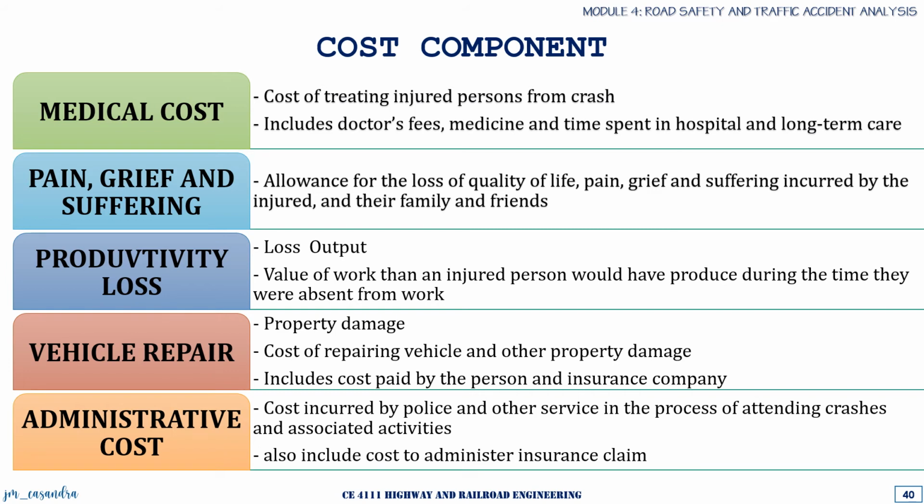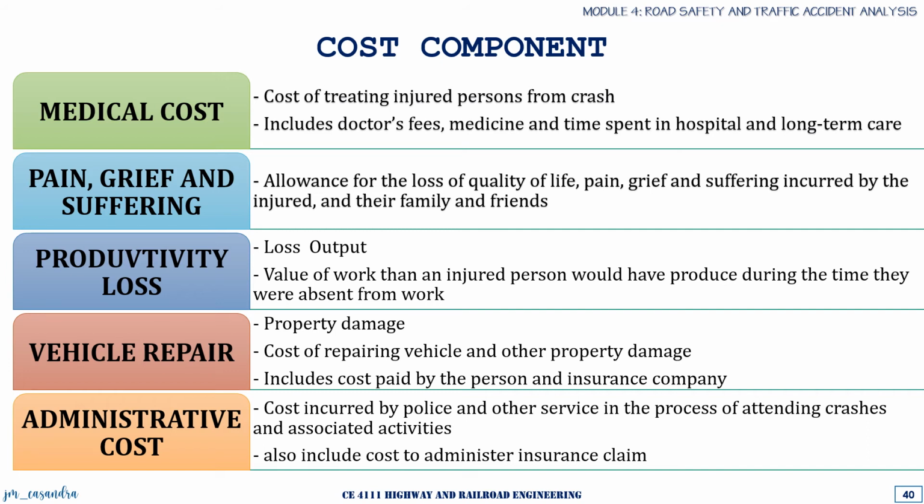When we say total resource cost, that is simply the sum of the cost of medical, the pain, the lost output, and the property damage. Okay? So administrative cost, for example, how much was spent for legal actions, legal demands, that is administrative cost.